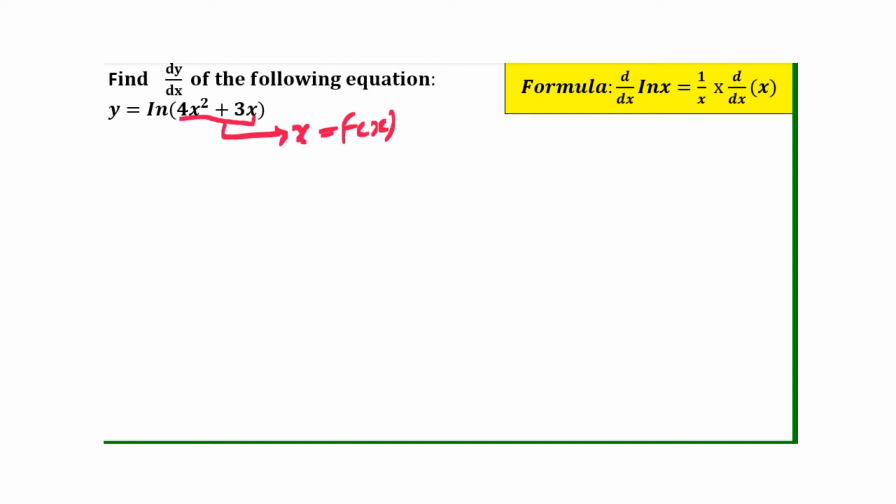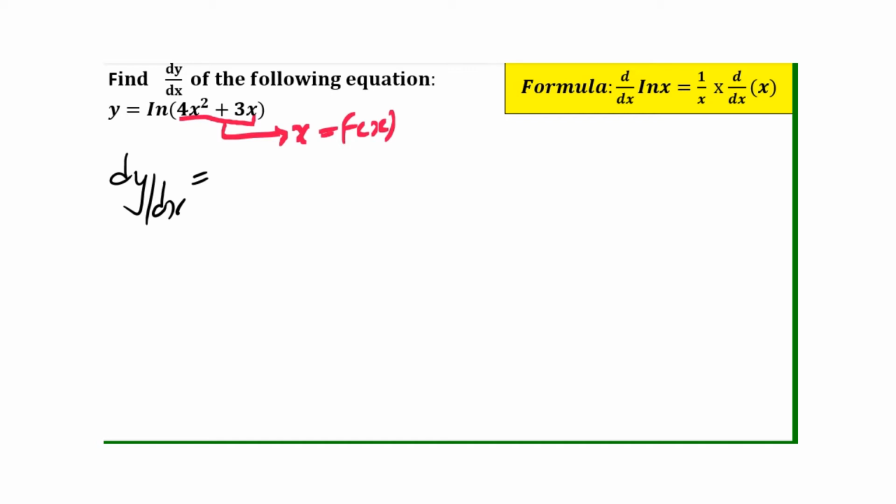So you're gonna apply the same formula. You're gonna say dy over dx equals to, then you apply that formula, the formula that is on your top right hand side.